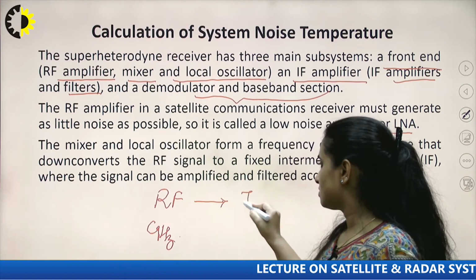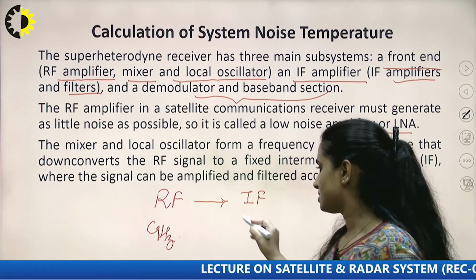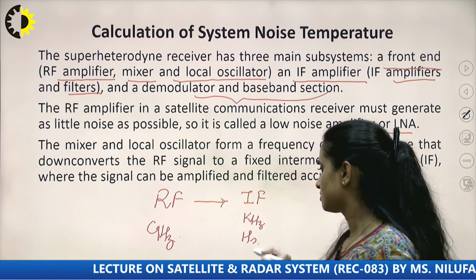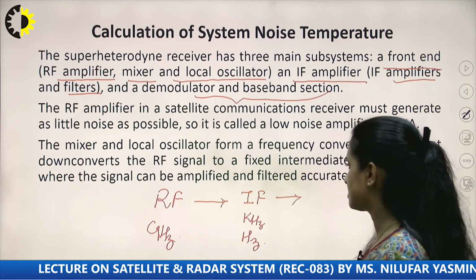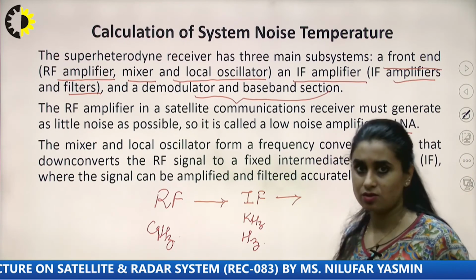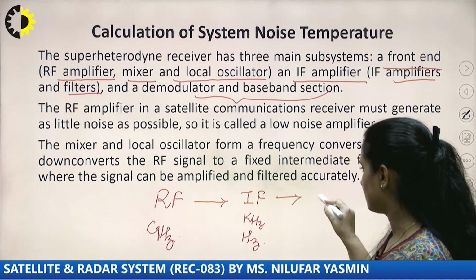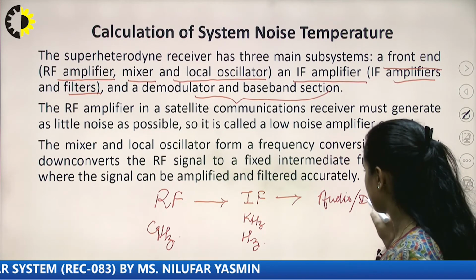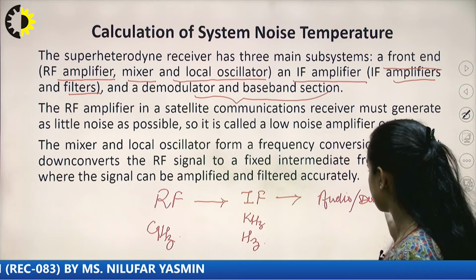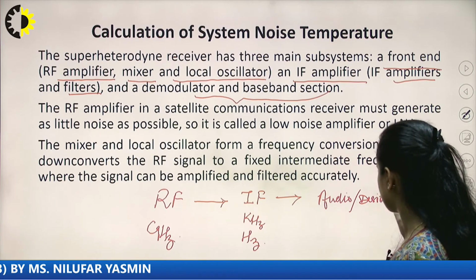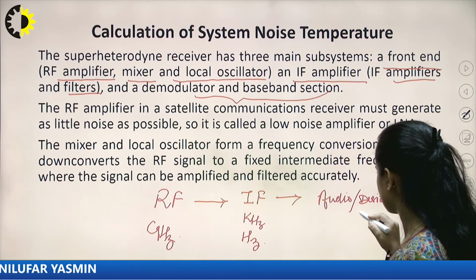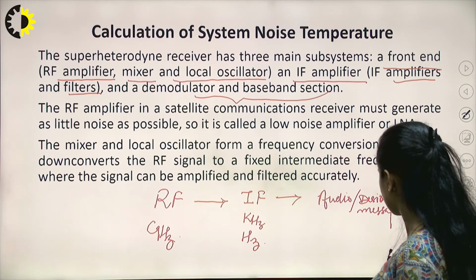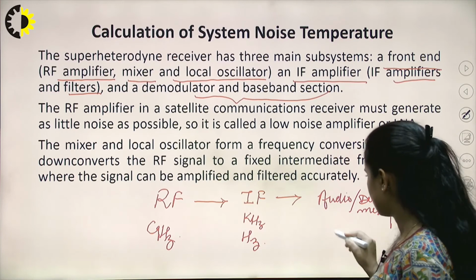This is first down converted into intermediate frequency, that could be in kilohertz or hundreds of hertz. After this, if this was an audio message, it is converted into the desired message frequency, that could be in hertz.